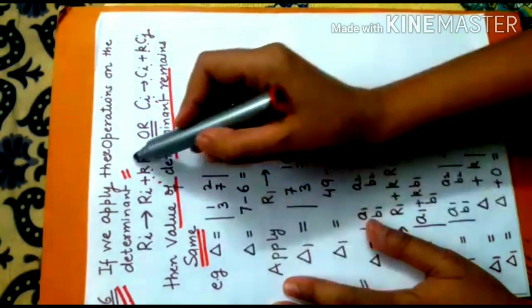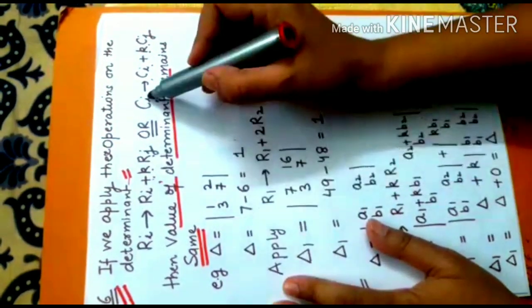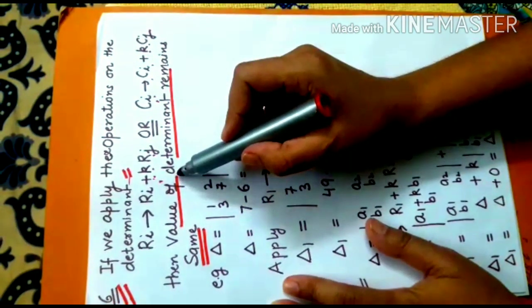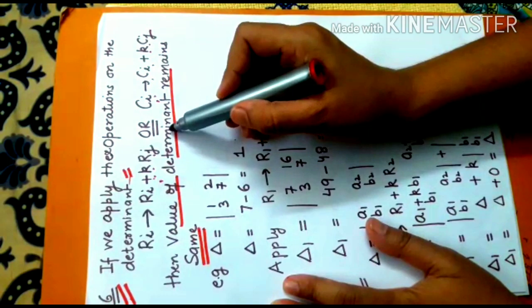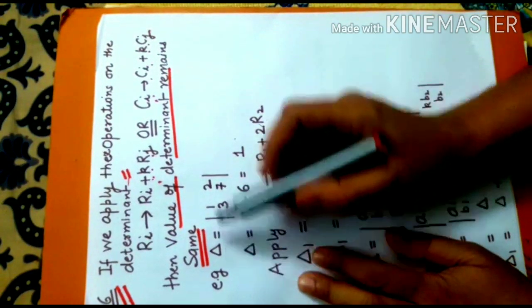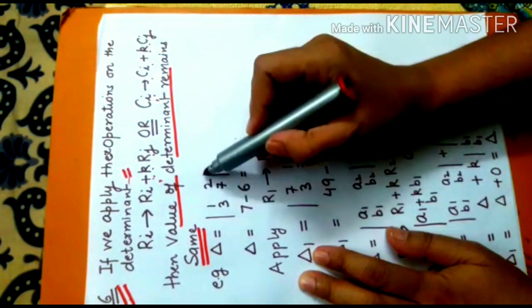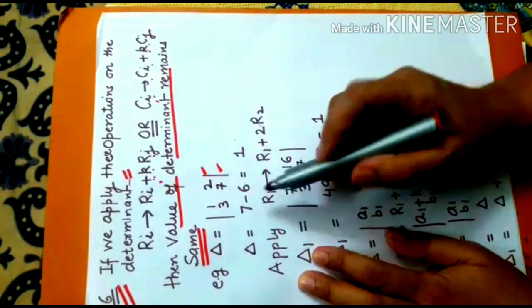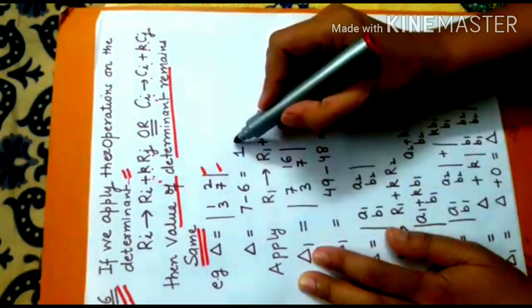That means there will be no change in the value of the determinant. For example, consider a determinant with first row 1, 2 and second row 3, 7. The value of this determinant is 1.